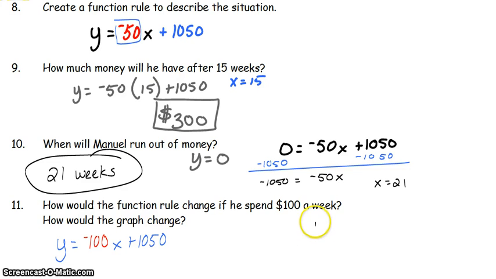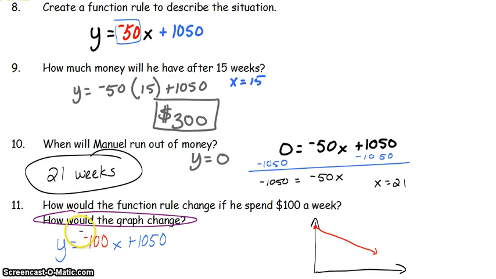Second, with the graph, your original graph would be starting up at the top, and it would be going down because it has a rate of negative 50. And you see he's losing money. That would be the original graph. But if he changed to $100 instead of $50, your new graph would start at the same spot.